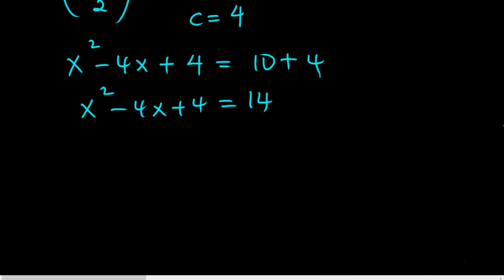So the next thing that we do is that we are going to factor the left-hand side of this equation. And how do we factor this side of this equation? Now, we are going to use factorization method, but I will also show you a very simple technique that will help you save time when you are factoring a perfect square, because the left-hand side is a perfect square already.